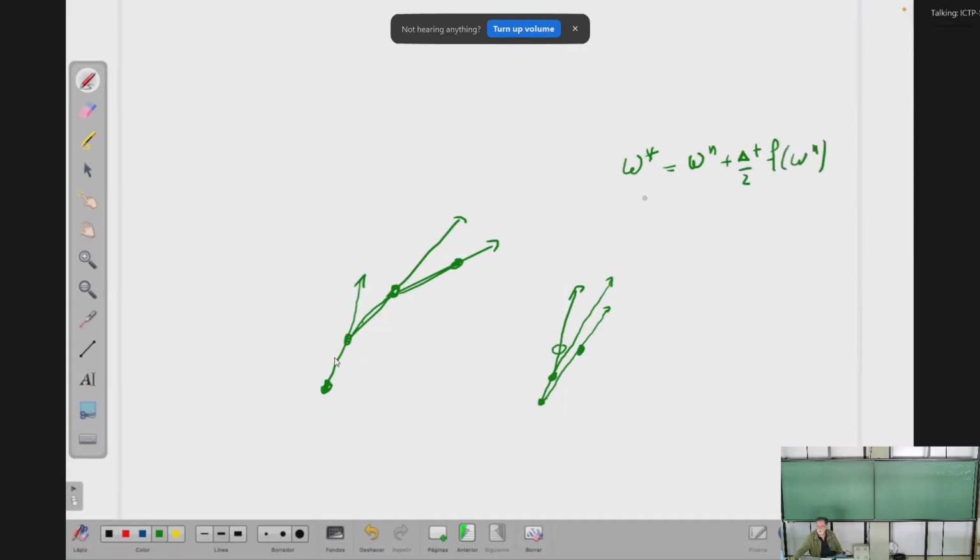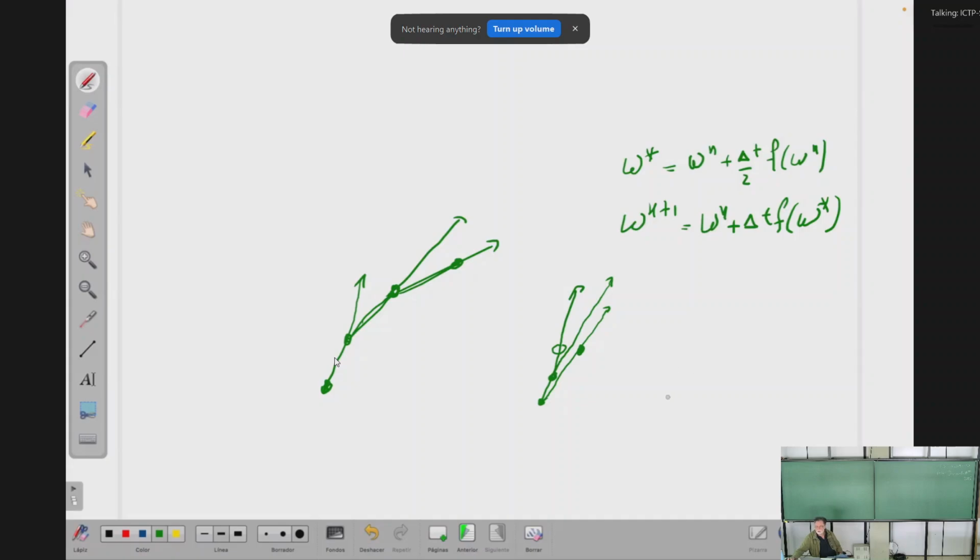I compute at this point the vector field, and then W n plus 1 is Wn plus delta t, now the full delta t, times f at W star. And this, I claim, is a better approximation.